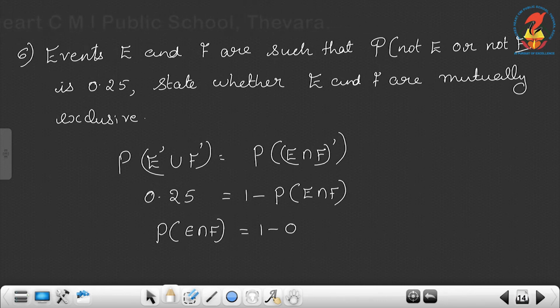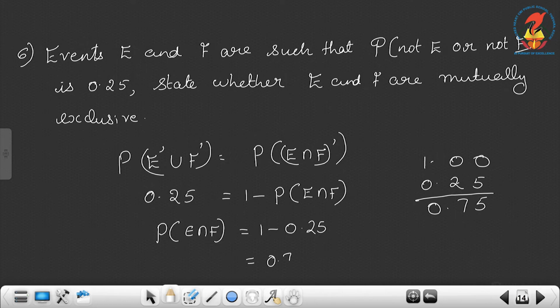It is 1 minus 0.25. So, it is 0.75, isn't it? Subtraction, that is P of E intersection F. That is P of E intersection F not equal to 0.